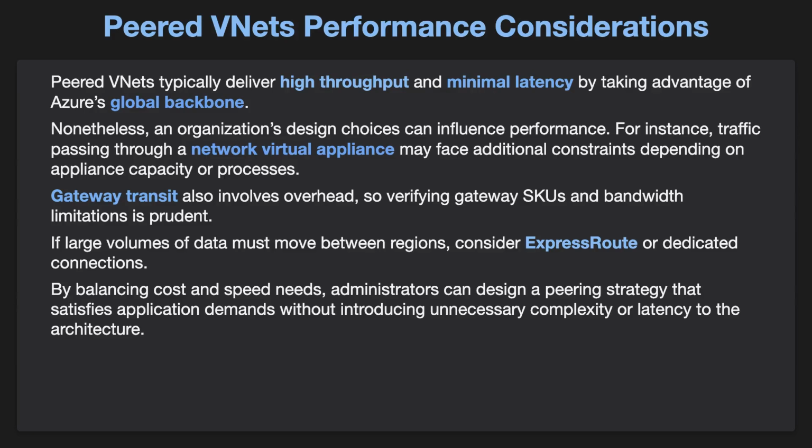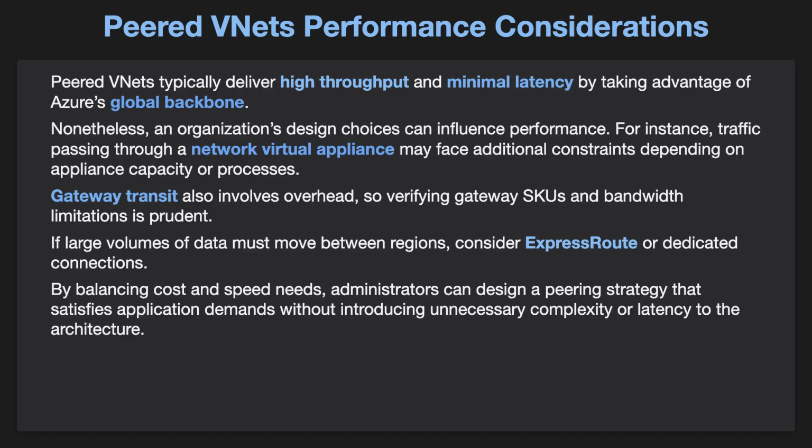Peered VNets typically deliver high throughput and minimal latency by taking advantage of Azure's global backbone. Nonetheless, an organization's design choices can influence performance. For instance, traffic passing through a network virtual appliance may face additional constraints depending on appliance capacity or processes.